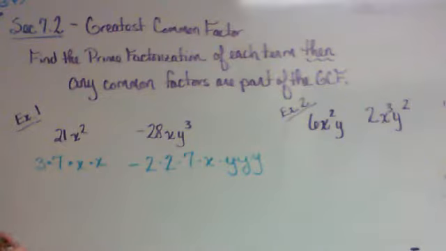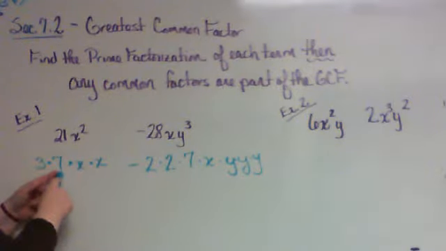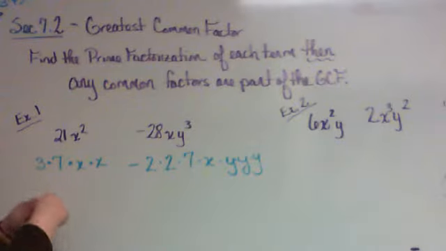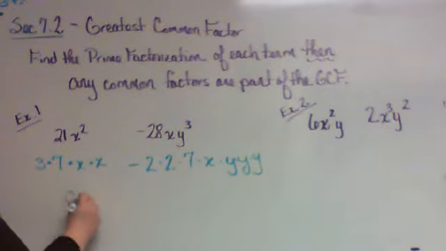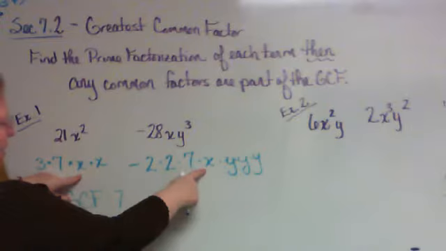So when I'm building my GCF, I look and see what's in both. Do they both have a 3? No. Do they both have a 7? Yes. So I need to make 7 part of my GCF. Then, do they both have an x?